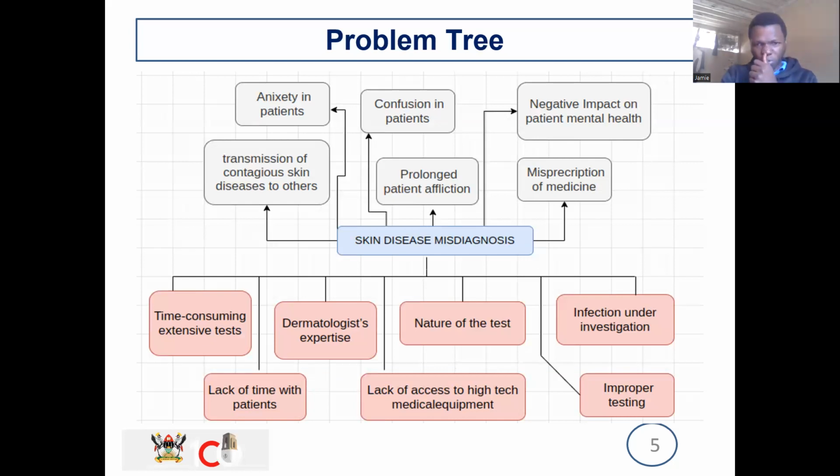We're also looking at equipment, like we will see in our literature review, that is high tech and practically expensive, and not every medical personnel, or particularly hospitals or facilities, can afford all these devices.